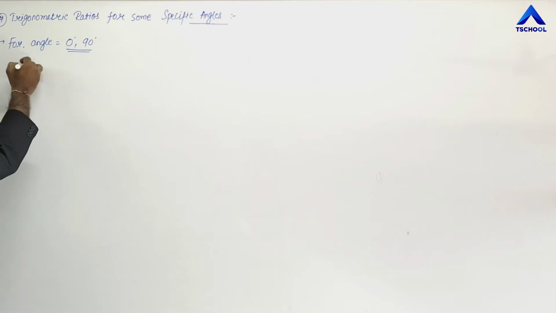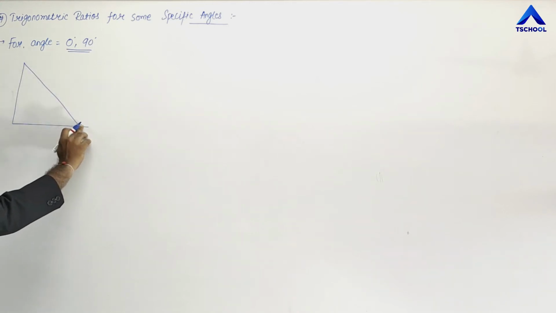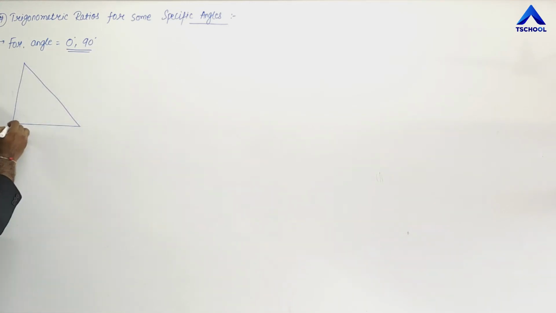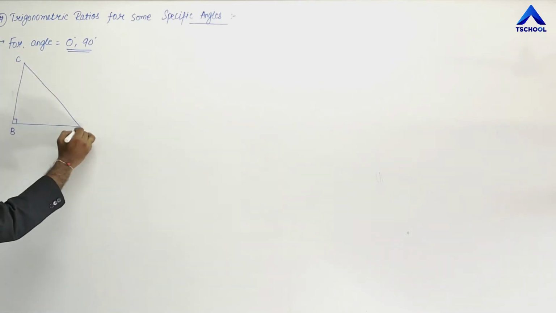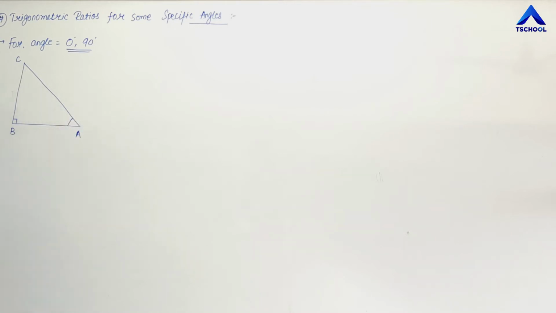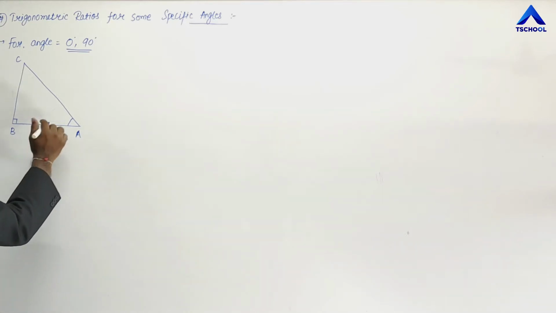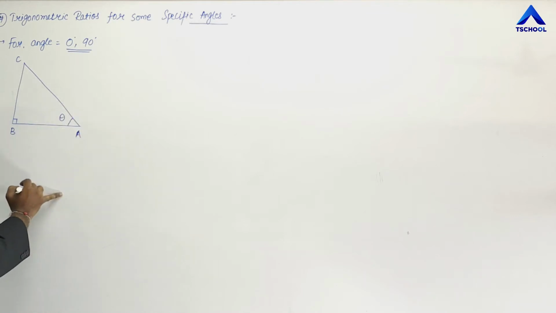Let me draw the triangle, a right angle triangle with B as right angle. This is C and this is B. We will take this as our reference angle A. Now what you are going to do is you are going to make the angle 0. Which angle 0? This reference angle. Let me name this as theta.